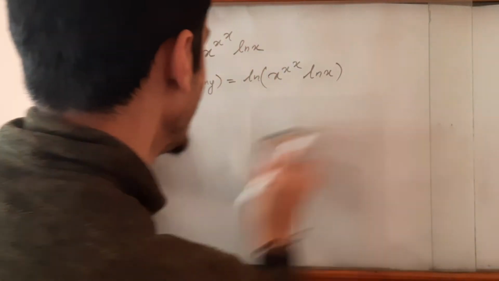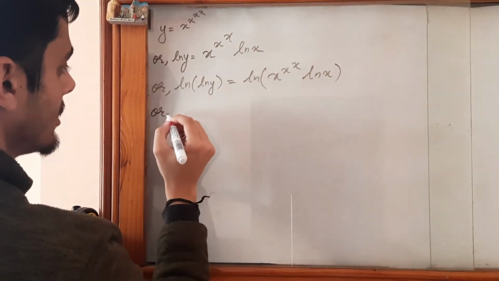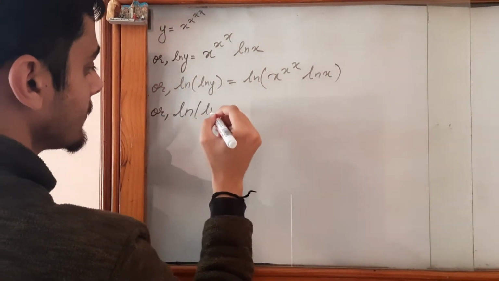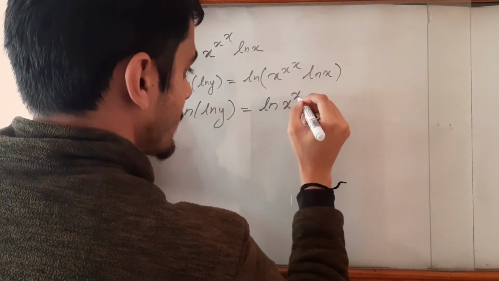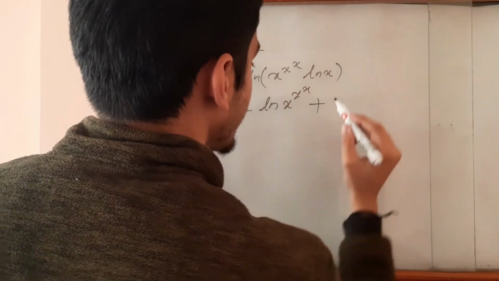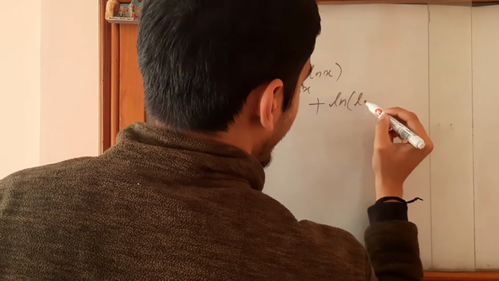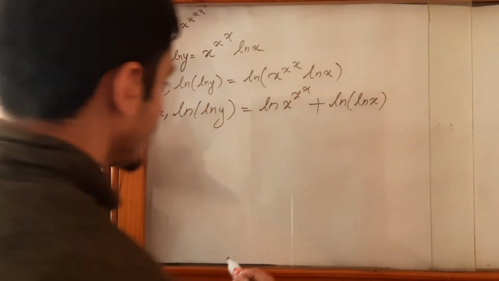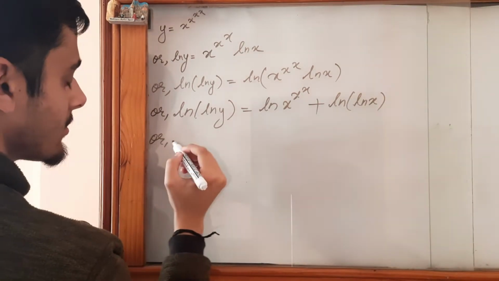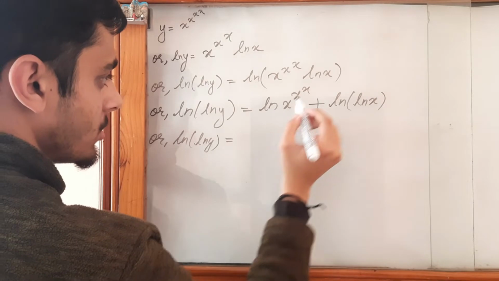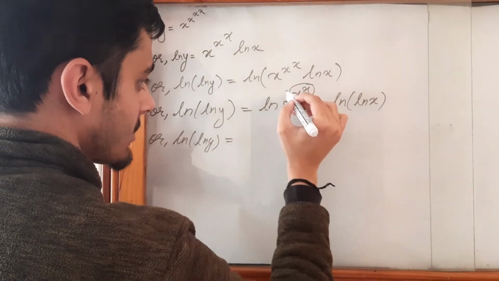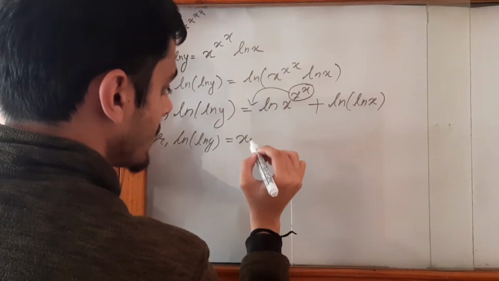So let's move on. It is equal to ln x to the power x to the power x plus ln x. And now let's use the property of log where we bring this power forward.